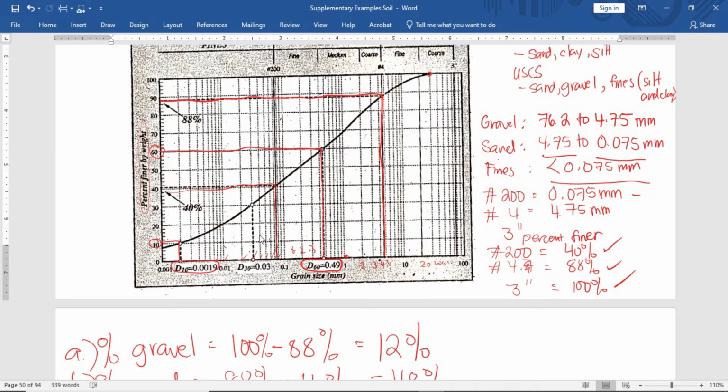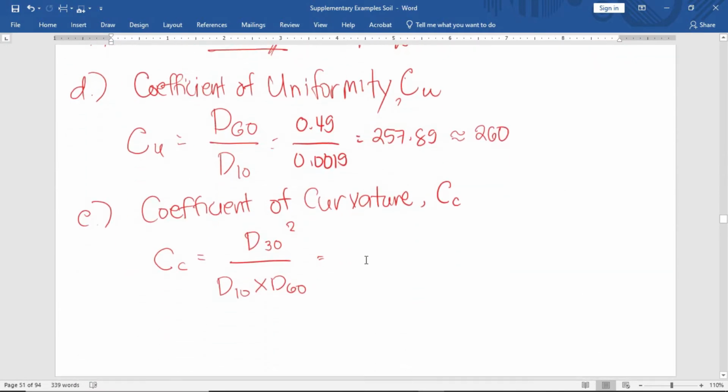So, ulit, percent finer, the diameter corresponding to the 30% finer. So, 30%, ito yun, tama. So, ang D30 natin is 0.03. Ito ay 0.01, 0.02, and this is 0.03. Ilalagay, 0.03 squared all over 0.0019 times 0.49.